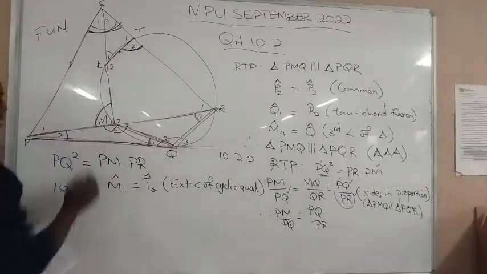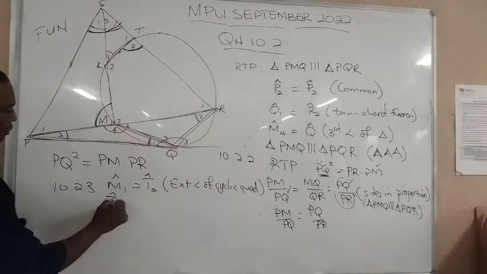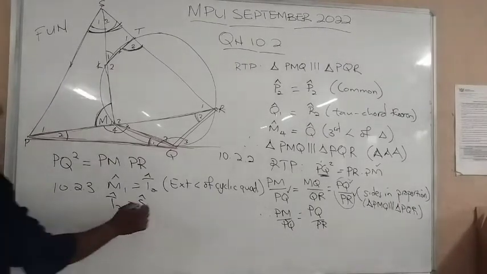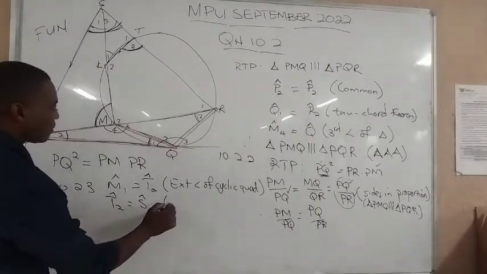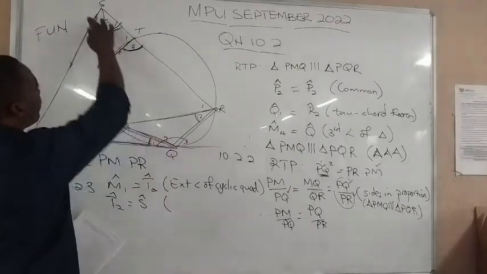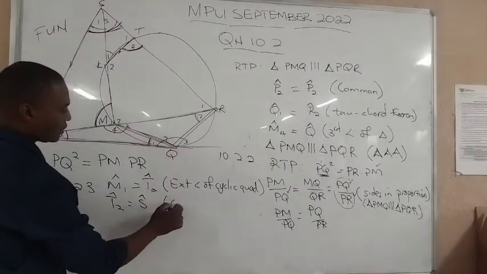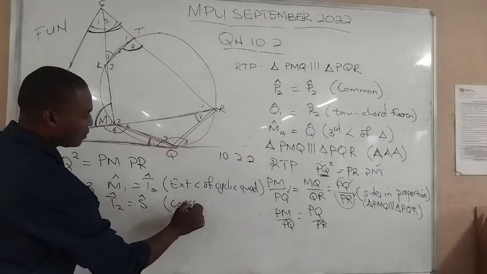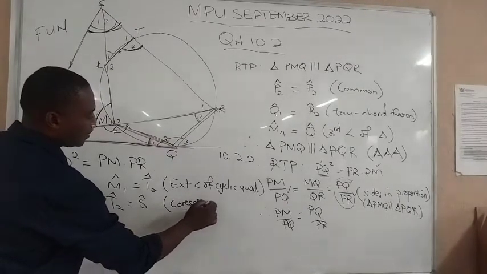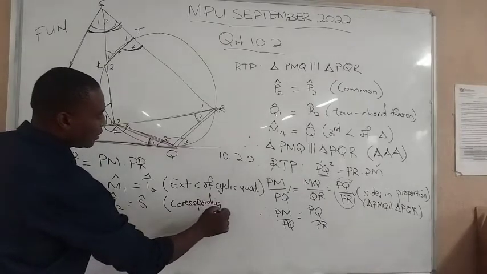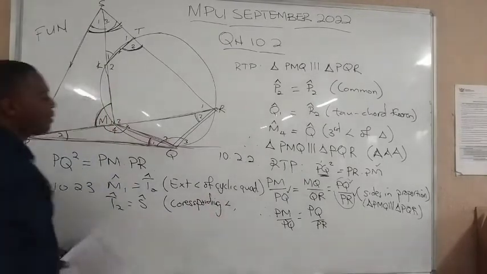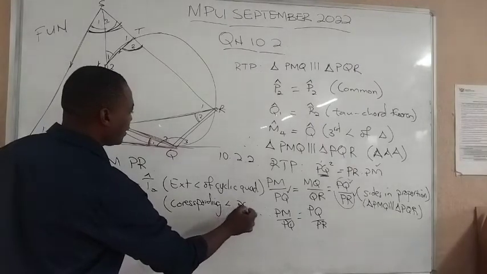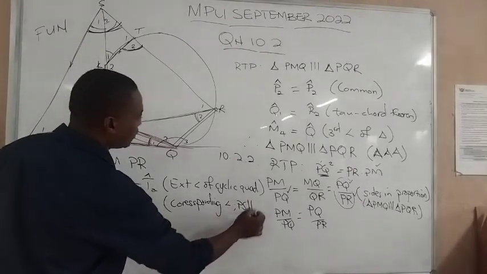And we know that angle T2 is equal to angle S. And the reason is these are corresponding angles. Remember to state the parallel lines, that is PS is parallel to KT.